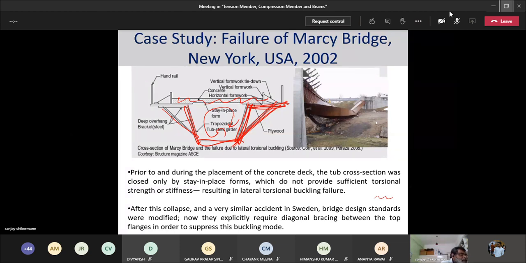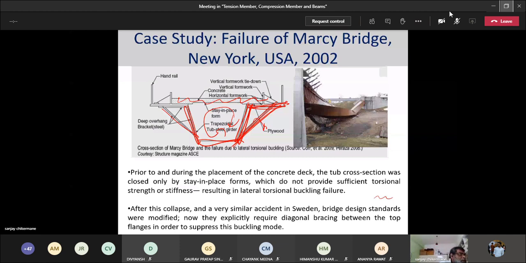So when this system itself was not providing sufficient torsional resistance, when you cast the concrete, this system failed, and then the entire system ended up collapsing. Now, the strength of this system was sufficient that it would not have failed because of pure flexure. But the torsional stiffness of the section fundamentally incorporated the concrete deck as a part of this entire system.